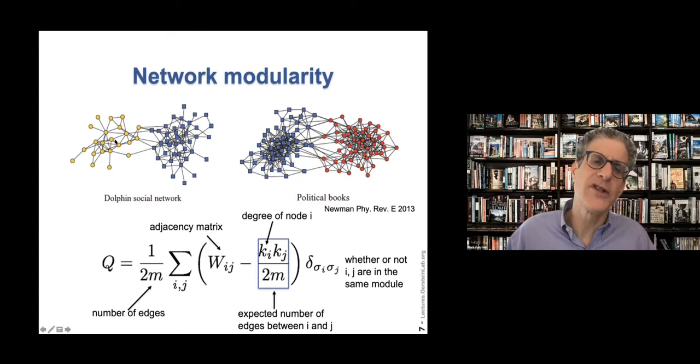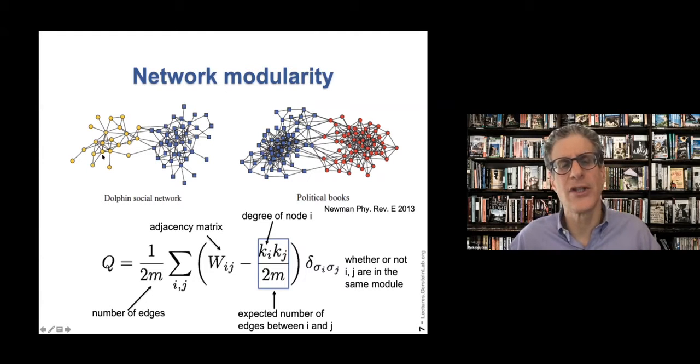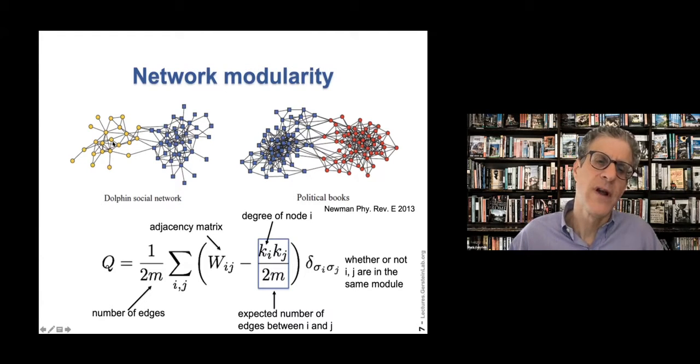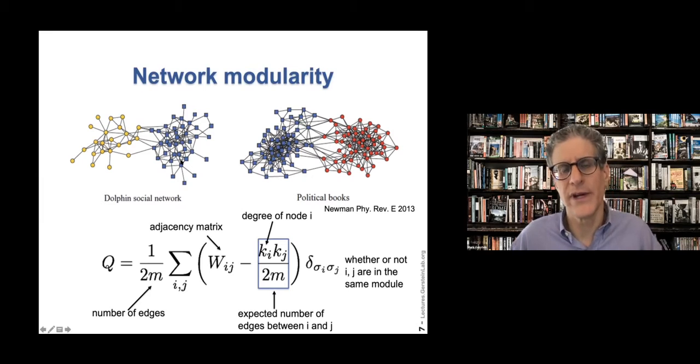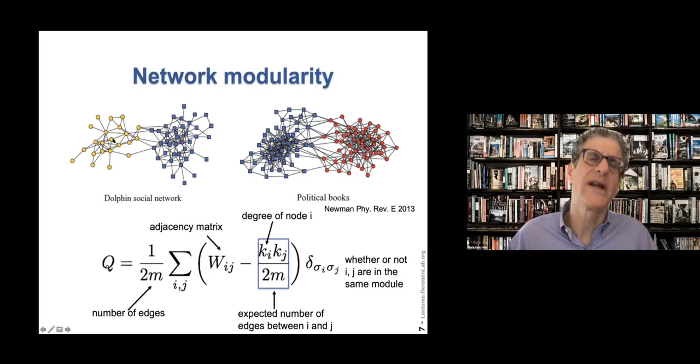You can roughly just see by eye that, just looking at the connections, you can fractionate them into two groups, right? There's one group here, yellow, and one group here, blue, likewise here. And that's because there's more intragroup connection than intergroup connection.